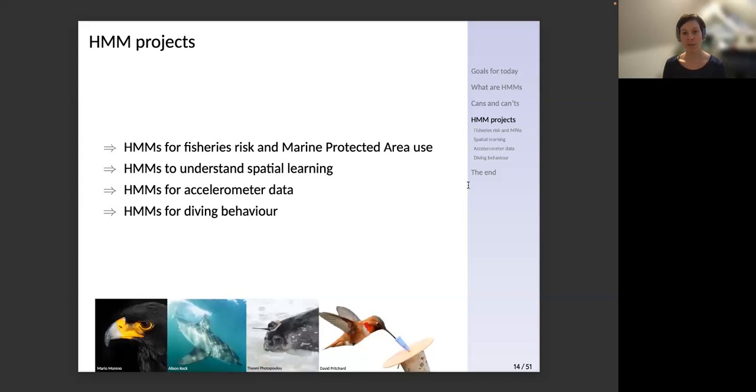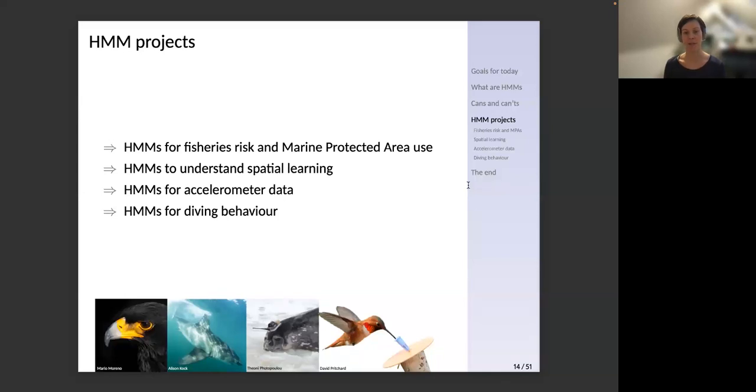After that whirlwind introduction to hidden Markov models, I'm just going to run you through four projects that I've worked on with HMMs and movement data. The first one is HMMs for fisheries risk and marine protected area use.